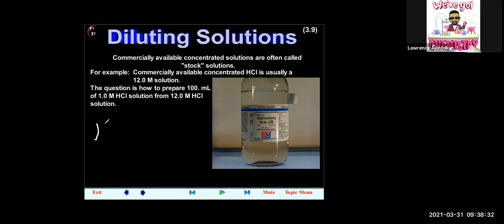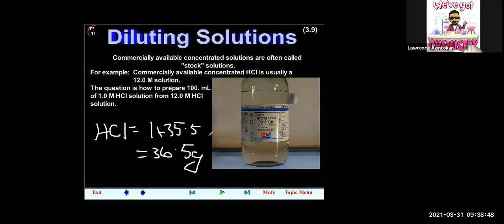HCl has molar mass of 1 plus 35.5. The total is 36.5 grams per mole.